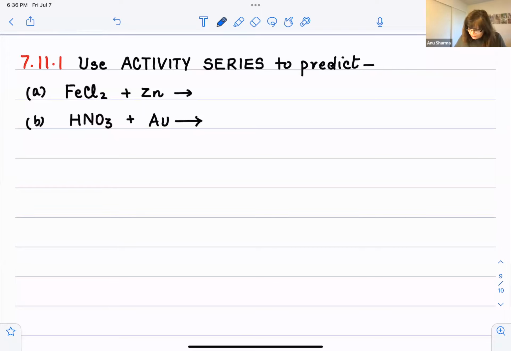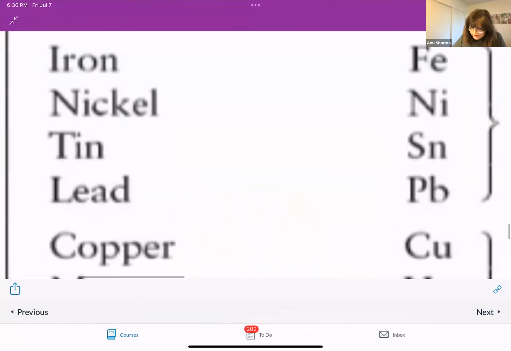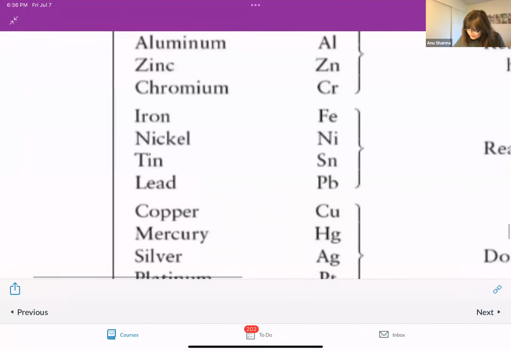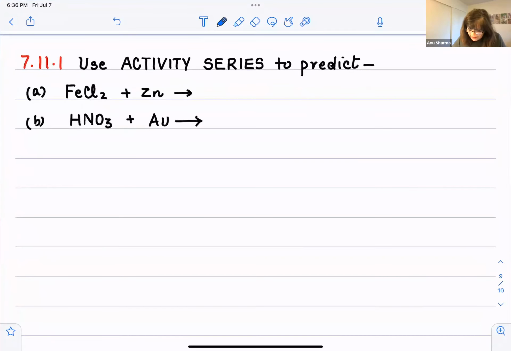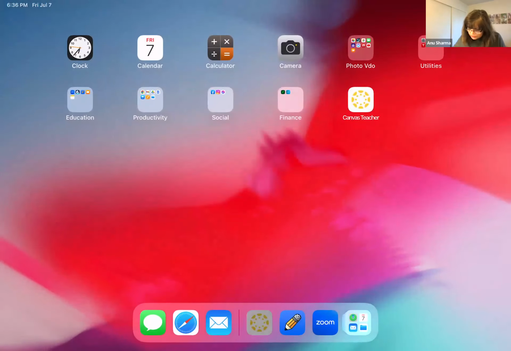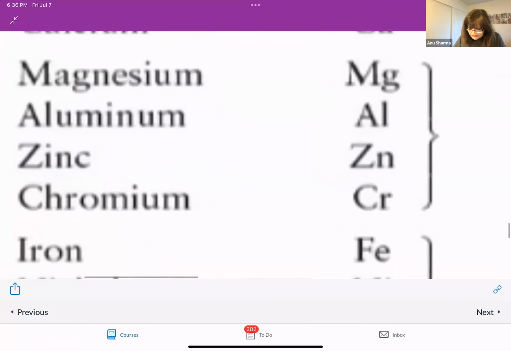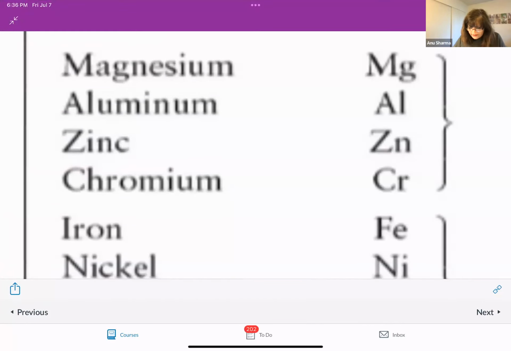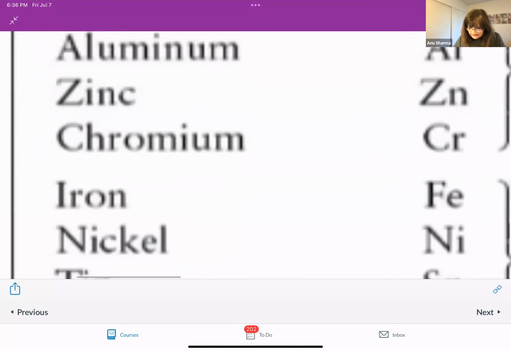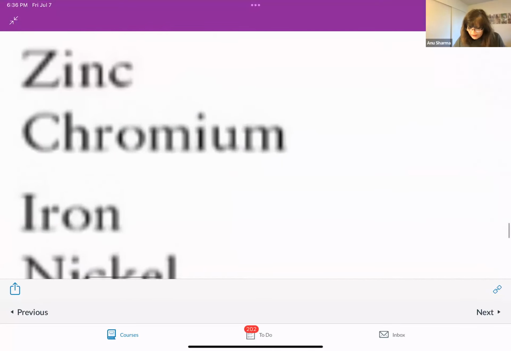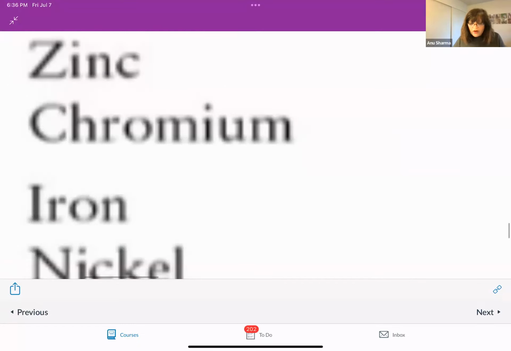So the last piece we have is using the activity series, identify if these reactions are going to work or not. So once again, let's refer to the activity series, and we have here FeCl2 with zinc. So zinc is above iron. You see that? Zinc is above iron. So zinc will break the bonds of iron, but iron will not break the bonds of zinc.